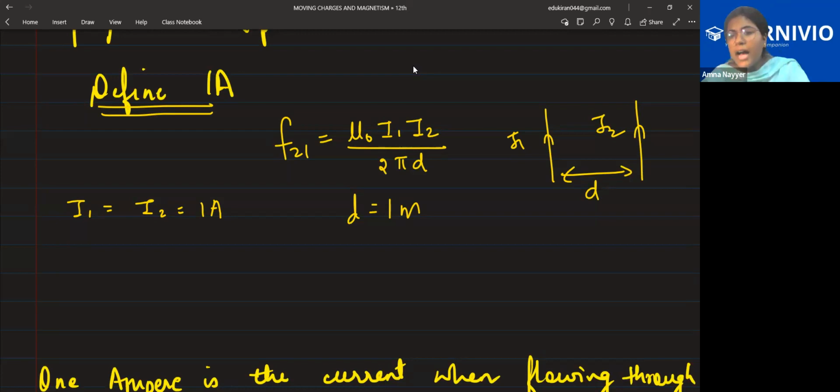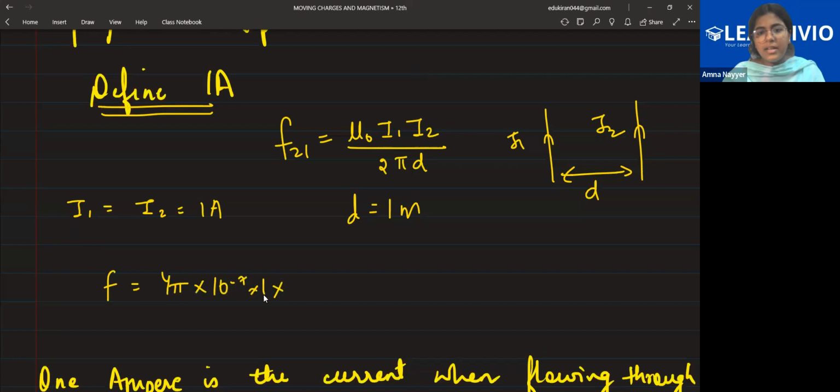So we say I1, I2 both are equal to 1 ampere and the distance d is 1 meter. So force will be mu naught, which is 4 pi into 10 to the power minus 7, I1 is 1, I2 is 1, divided by 2 pi, and d is also 1. This makes it 2. So force is 2 into 10 to the power minus 7 newtons.